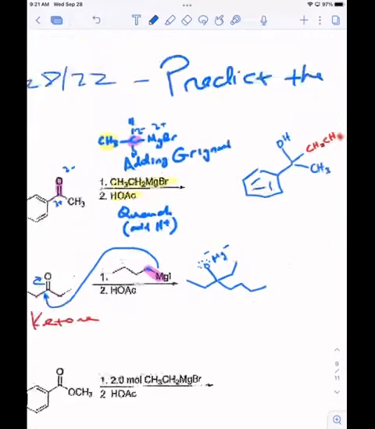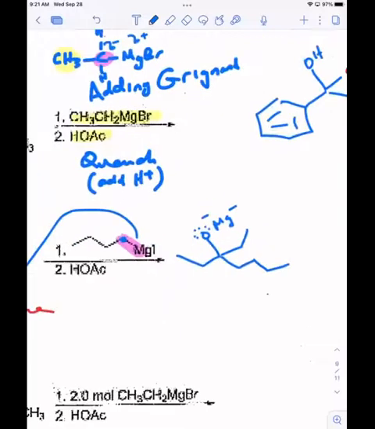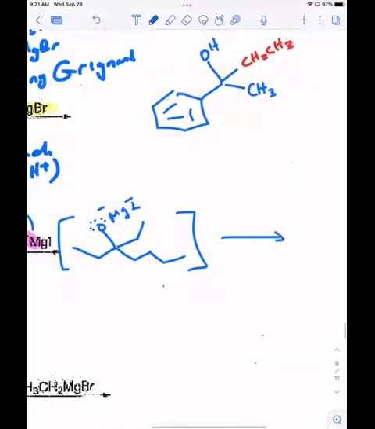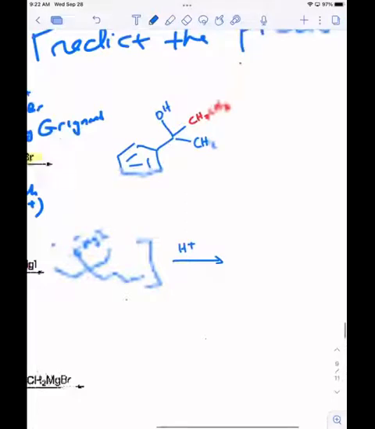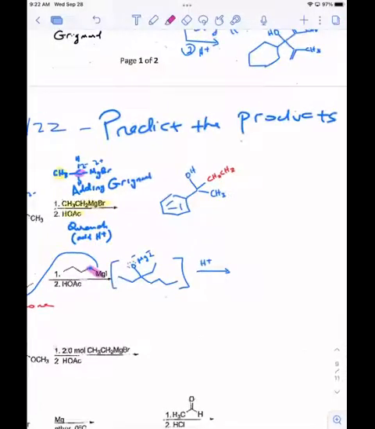Right. So once that attacks, you get the intermediate here, and then in the second step, you add in H plus. That's what the acetic acid is for.